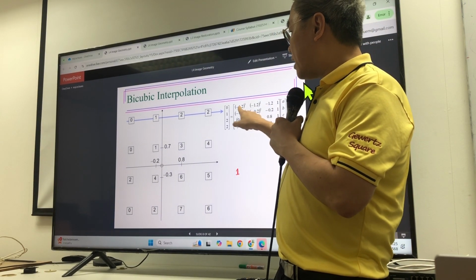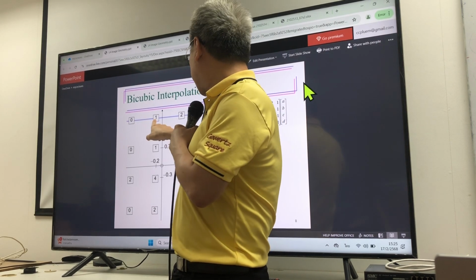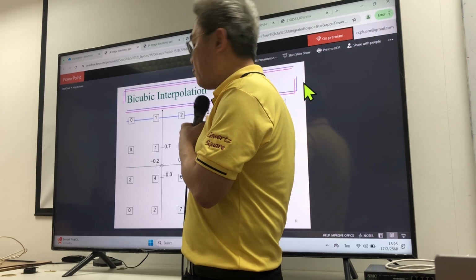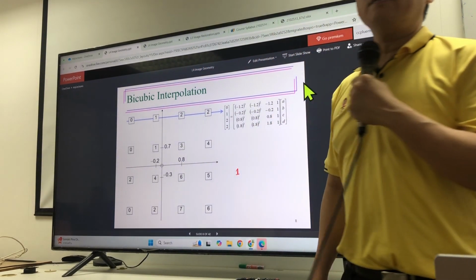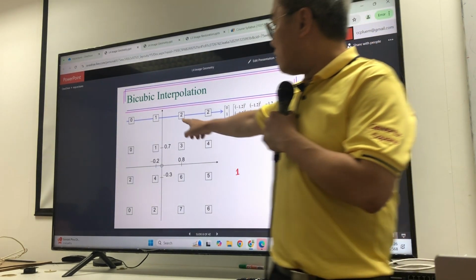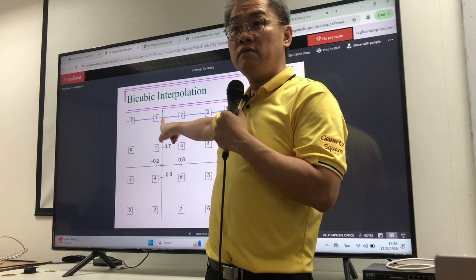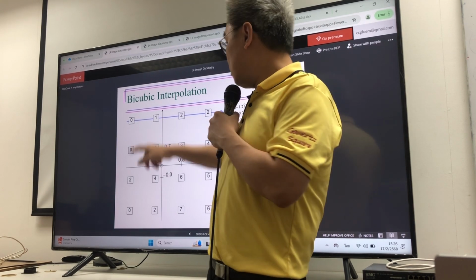This is x at 1.2, this is x at negative 1.2, this is x at negative 0.2, this is x at 0.8, this is x at 1.8. From these equations, you want to find the value of the intensity right here, which is when x equals 0.